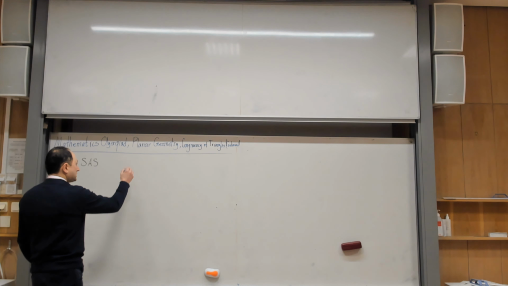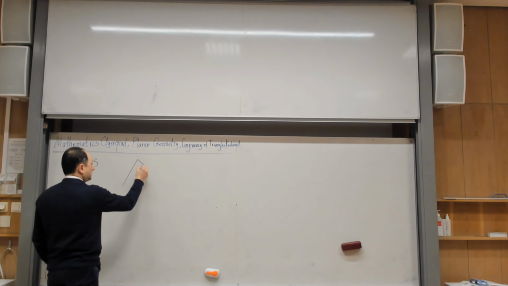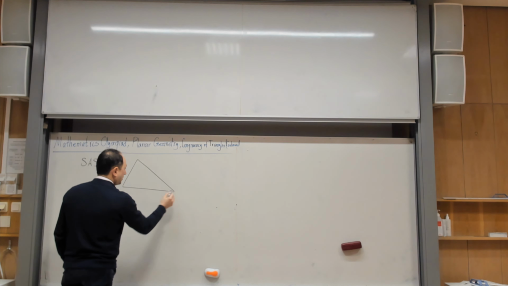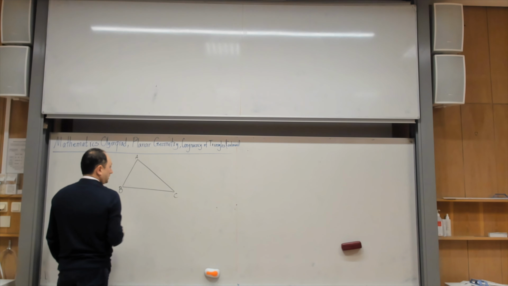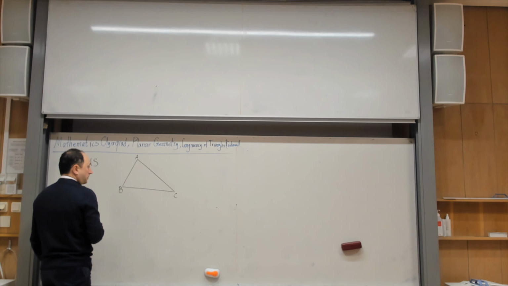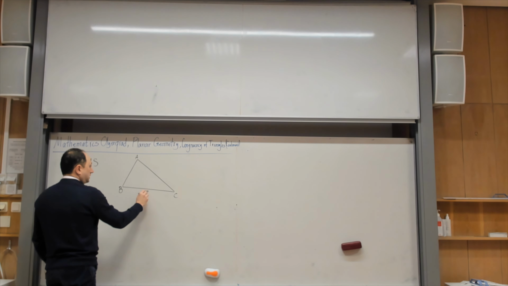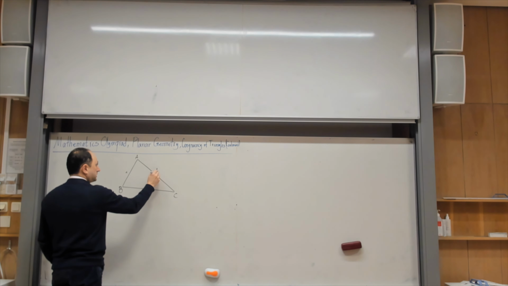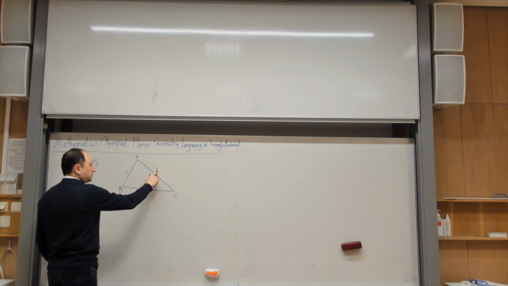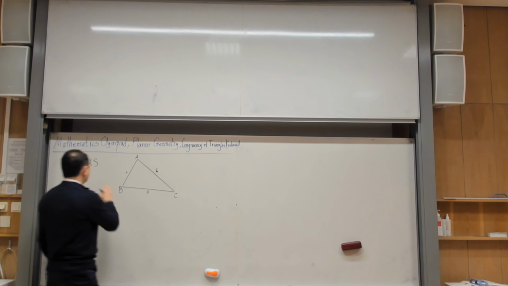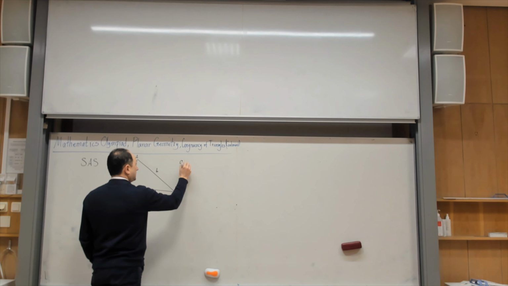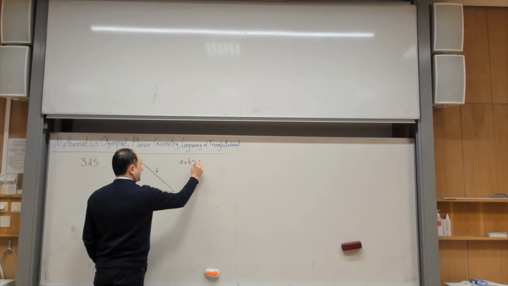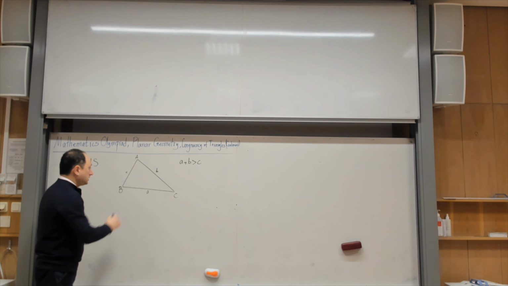So we learned that if you give me a triangle, any type of triangle, ABC, and I call the lengths opposite to the vertices little a, little c, and little b, we were able to prove, using this axiom, that a plus b is always greater than the third one.